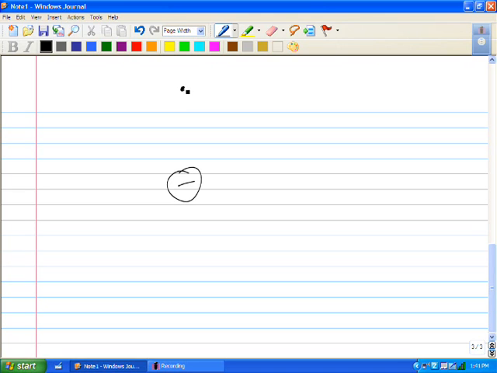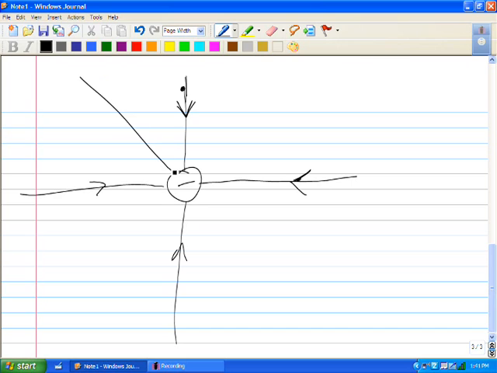What's the direction of the field at this point? Down, because if I were a positive charge, I would want to go towards that negative, right? And if I were here, so field lines always go away from positives and toward negatives.